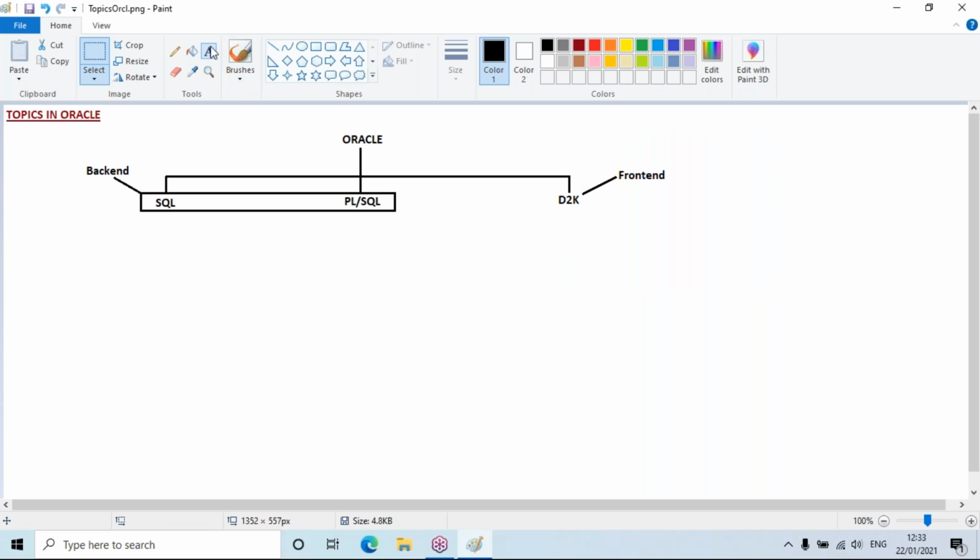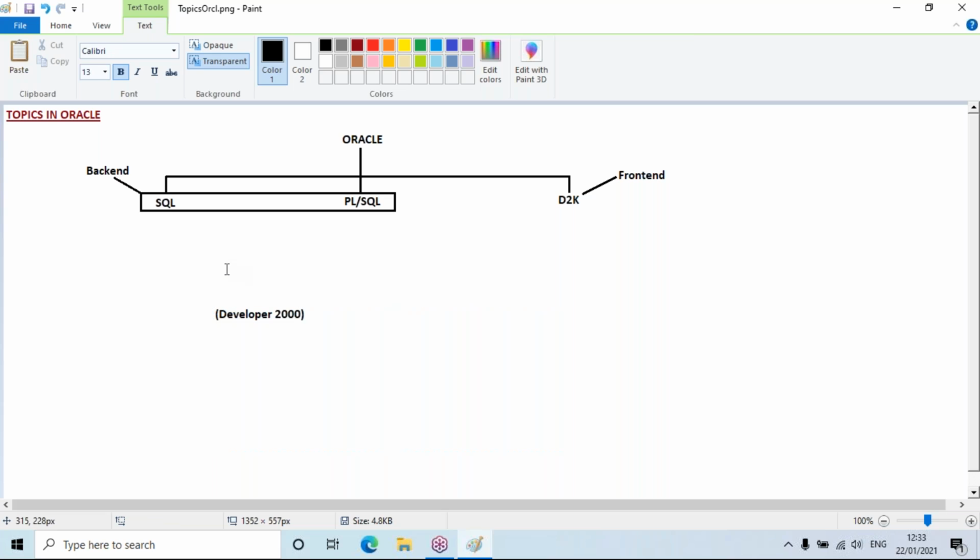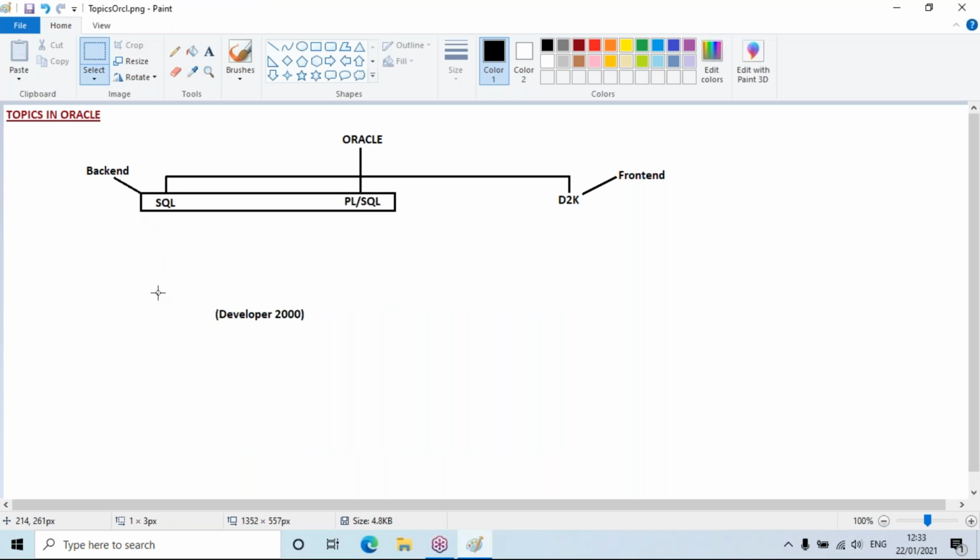And this D2K stands for Developer 2000, 2K. But it is not that flexible. This front end is not that flexible. What we notice in programming languages, Java I can use as front end.